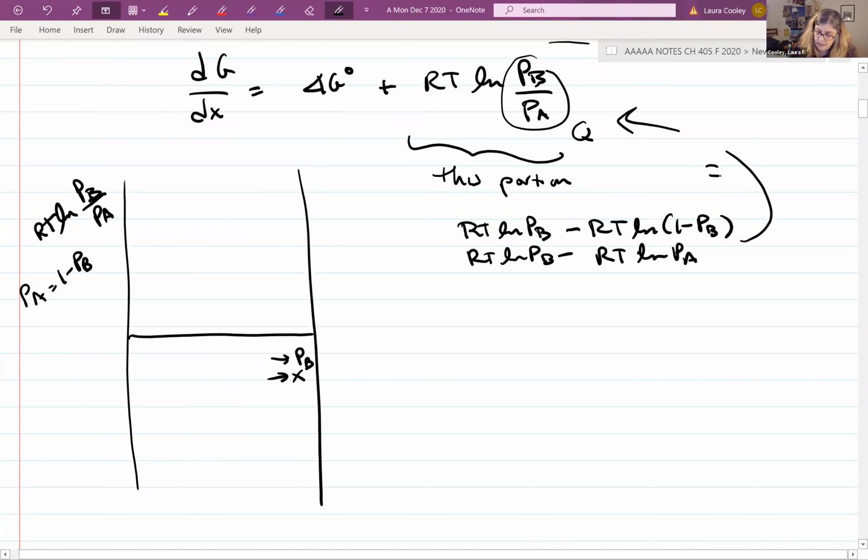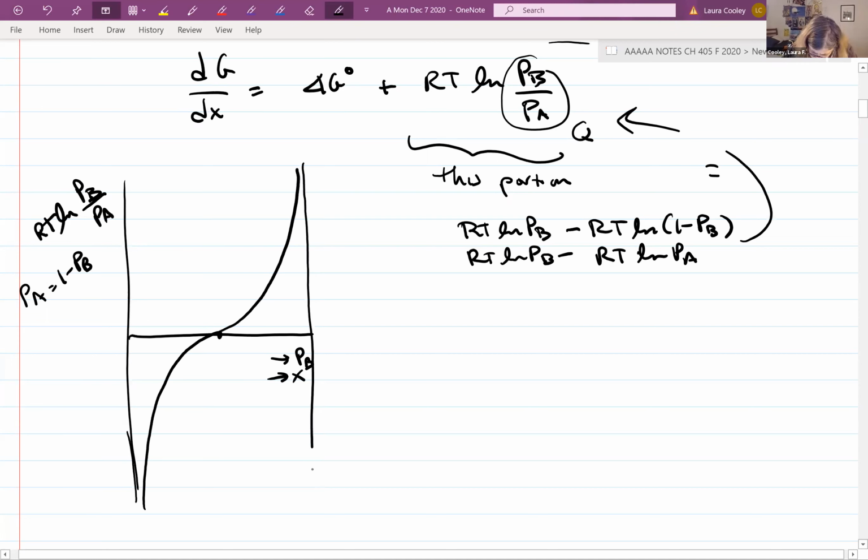Okay. So we looked at this function, and it's a really cool looking function. It's negative infinity. It comes to the 0. It doesn't actually intersect this, it's just asymptotic to it. Okay, so that's what it looks like.